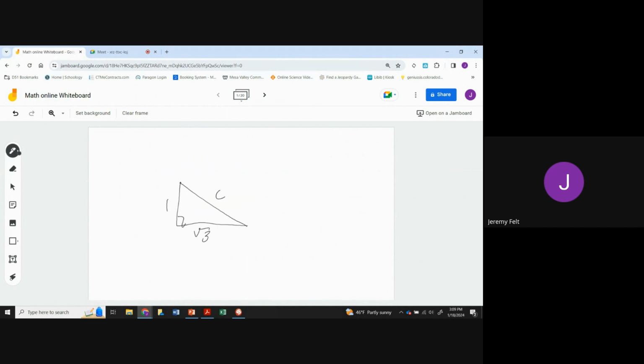We want to find our hypotenuse, and then we want to find the perimeter. So a squared plus b squared equals c squared. 1 times 1 is 1. Square root of 3 squared becomes just 3. So I get 4. Take the square root, c equals 2.